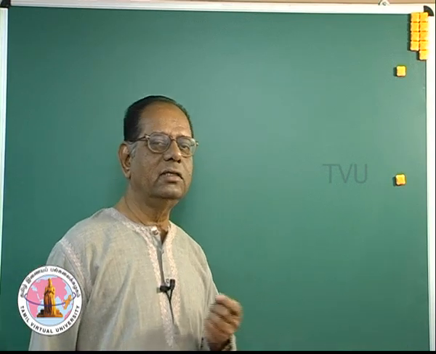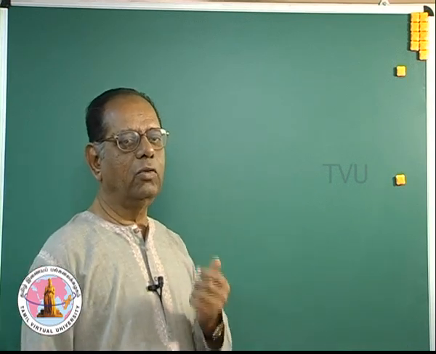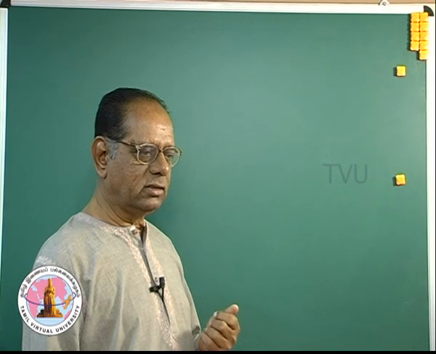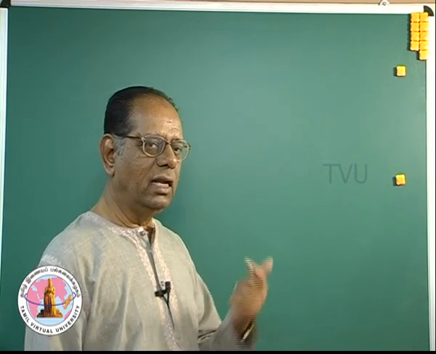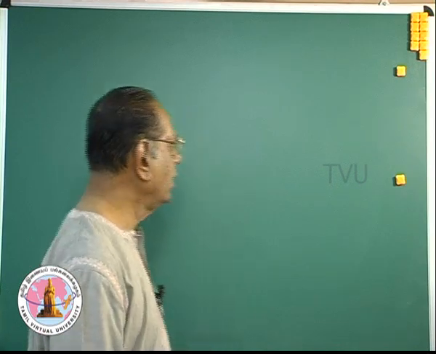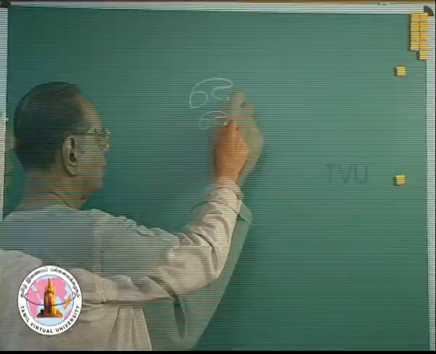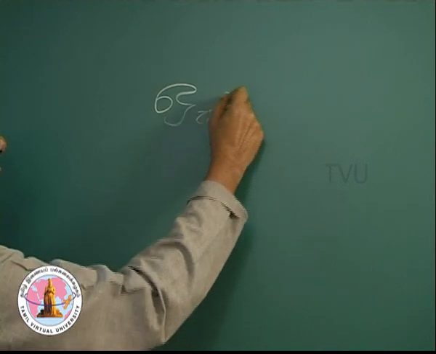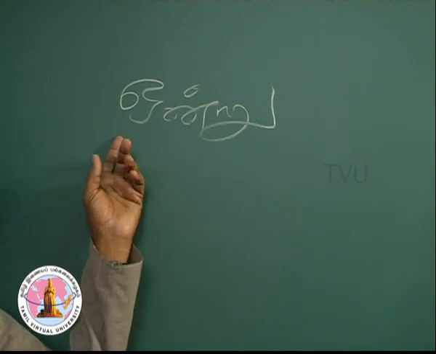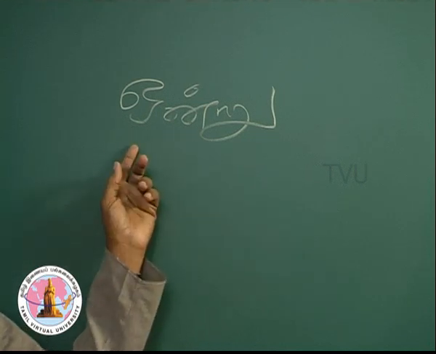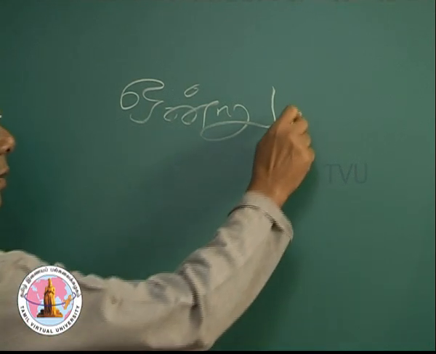When we were discussing the combination of the vowel u with consonants, we had discussed the numbers. What is this? Ondru, one.